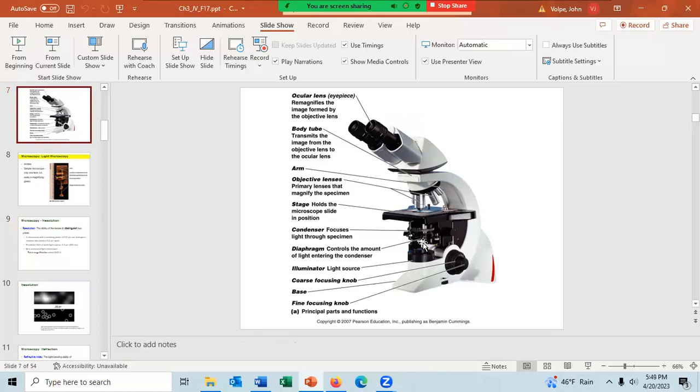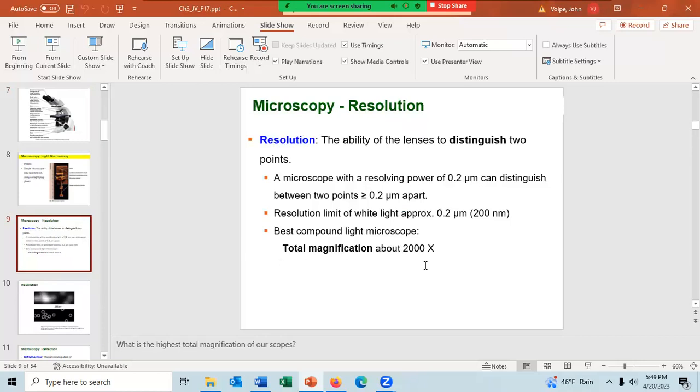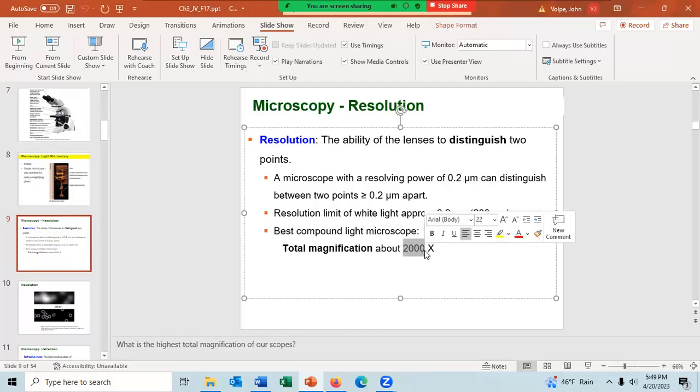So the best microscopes we have in our lab magnify 1,000 times. And obviously, we do not have the very best and most expensive microscopes, which can magnify 2,000 times. And they can magnify 2,000 times because they have an ocular lens of 20x. Any questions about any of that?